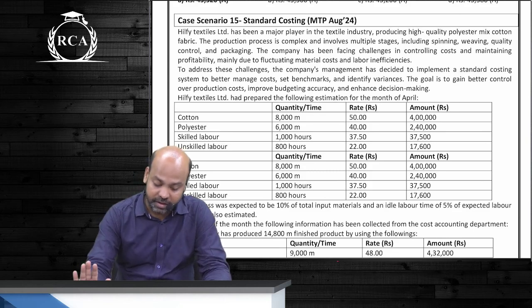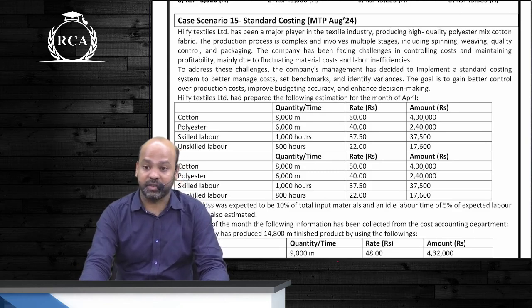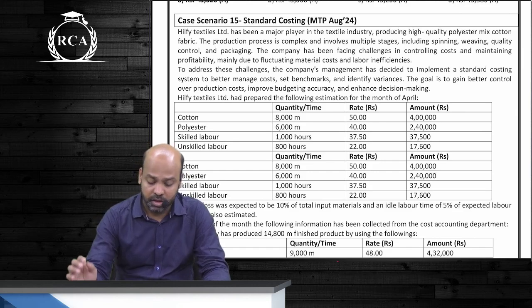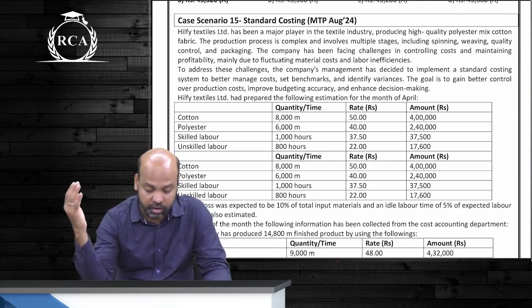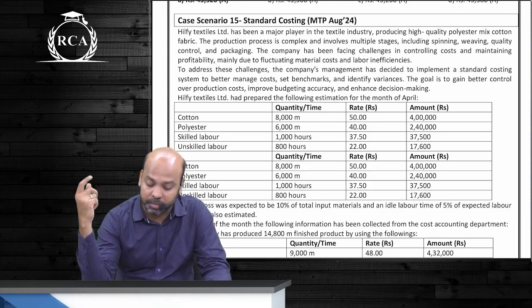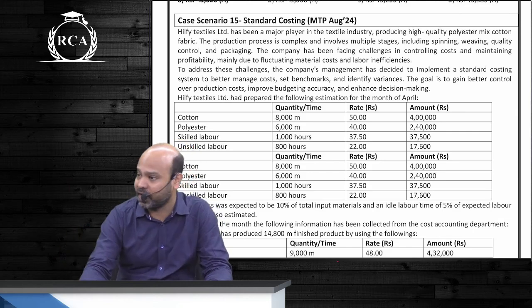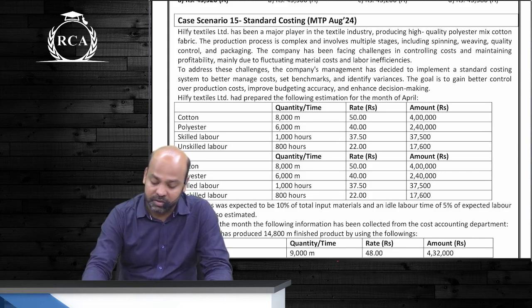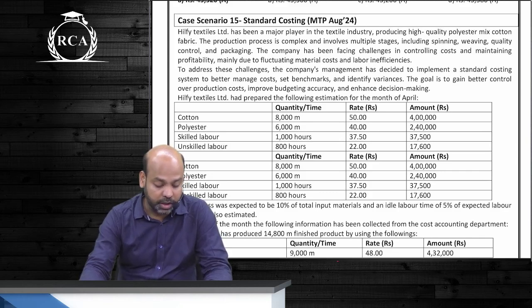Hi-Fi Textiles Limited has been a major player in the textile industry, producing high quality polyester mixed cotton fabric. The production process is complex and involves multiple stages. All of this is just to tell you, in case you want to get into business, this is the process. Involves multiple stages including spinning, weaving, quality control and packaging.